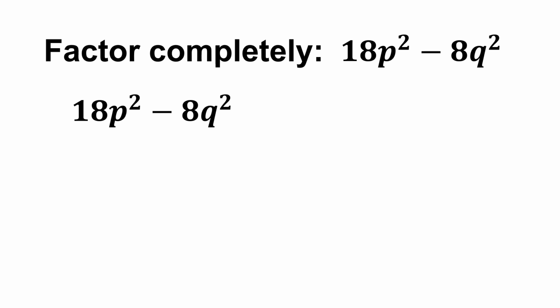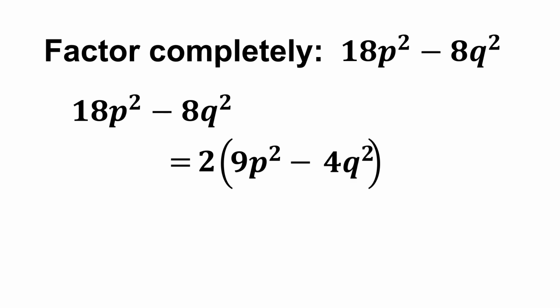Kaya hindi counting number ang kanilang square root. Pero pansinin ninyo na ang 18 at 8 ay parehong divisible by 2. Sa makatwid, maaari nating i-apply ang common monomial factoring. So, 18p squared minus 8q squared is equal to 2 times the quantity 9p squared minus 4q squared.